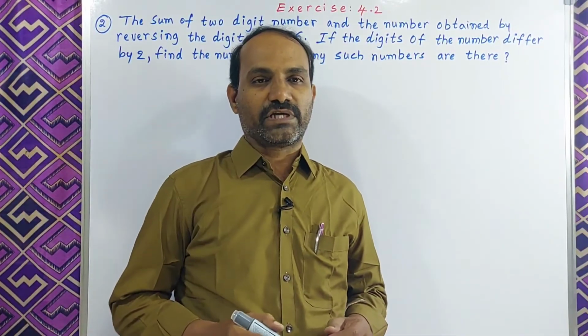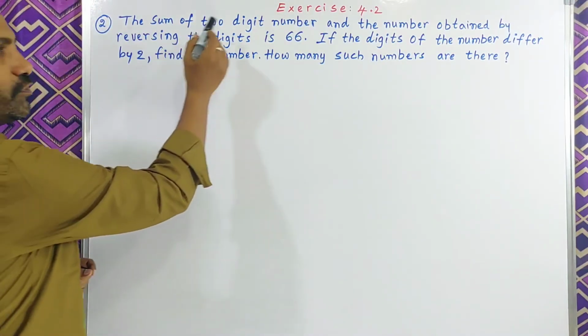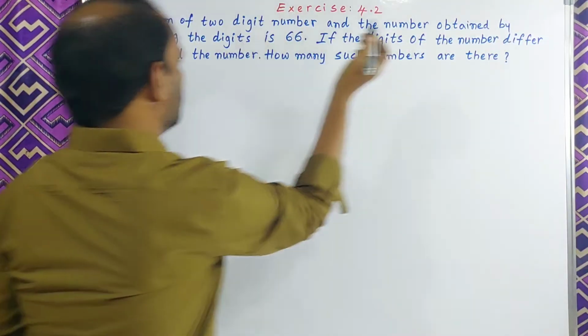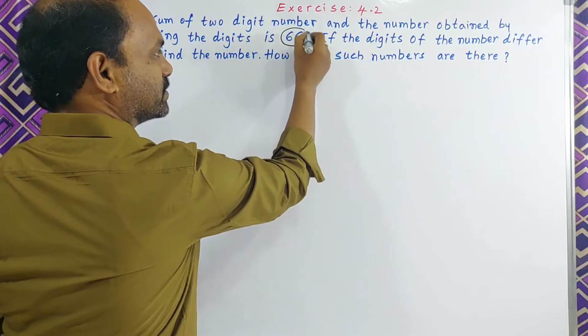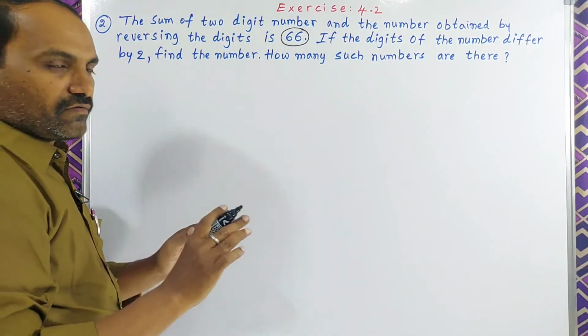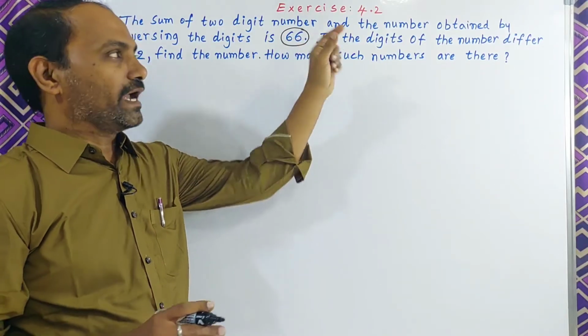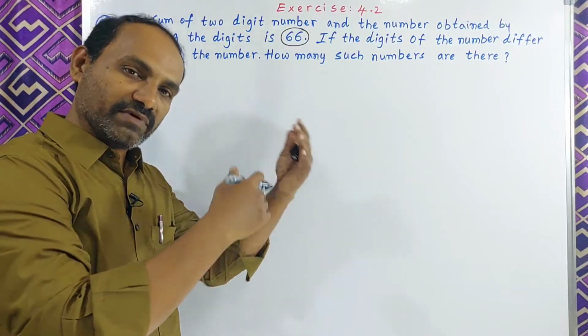Let us check the second question in exercise 4.2. The sum of a 2-digit number and the number obtained by reversing its digits is 66. The sum of two numbers is given. What are those two numbers? One number is a 2-digit number and the other number is the one formed by reversing the digits.